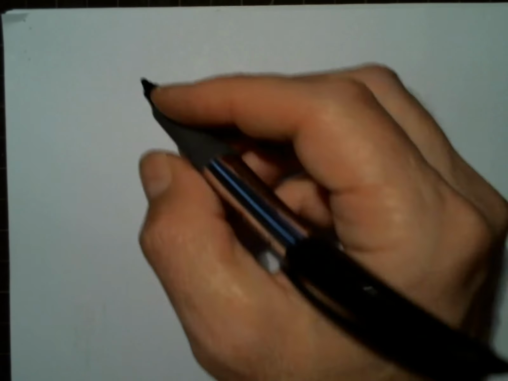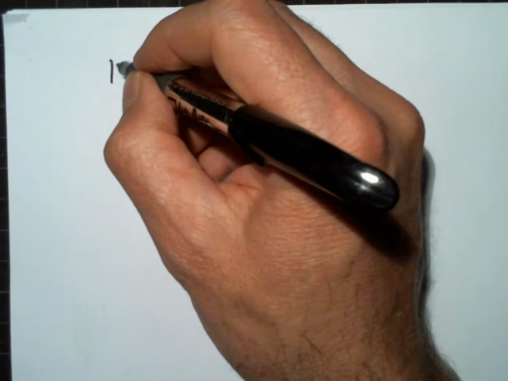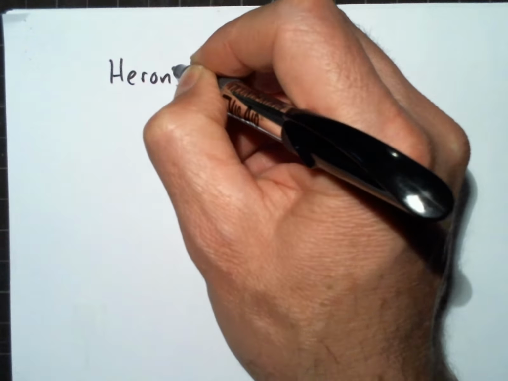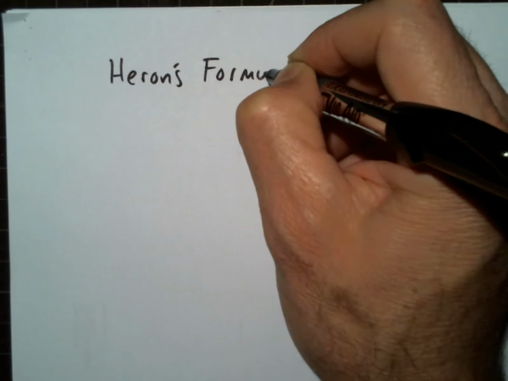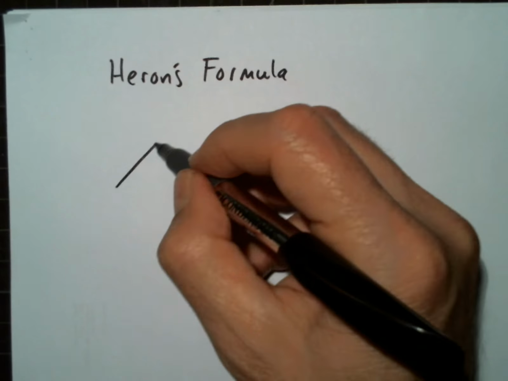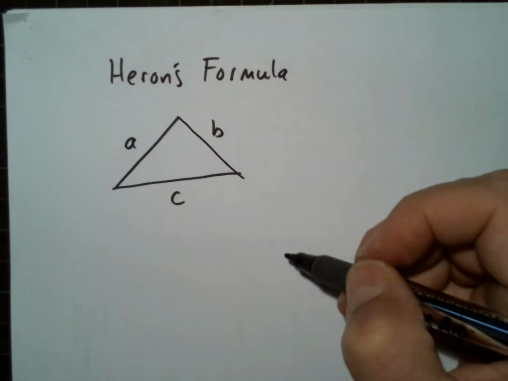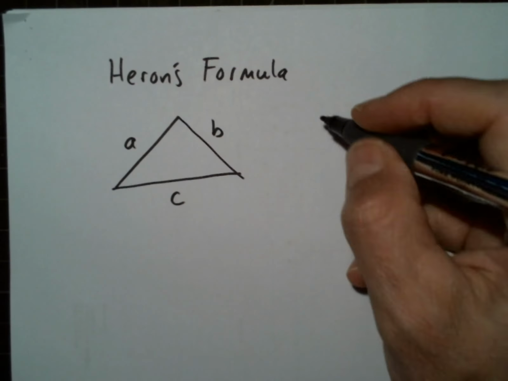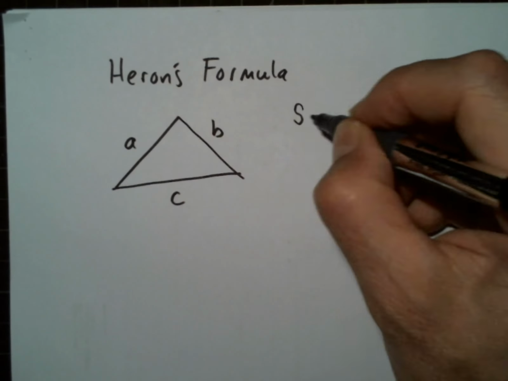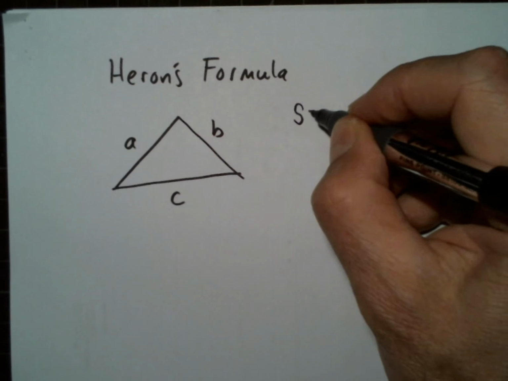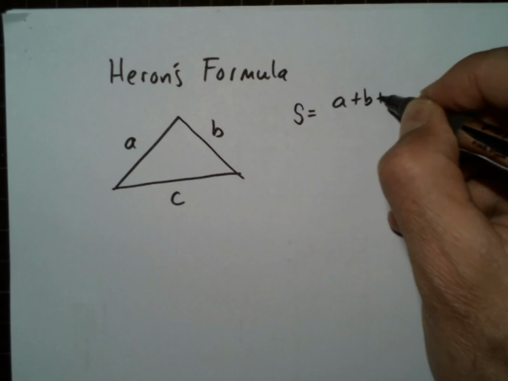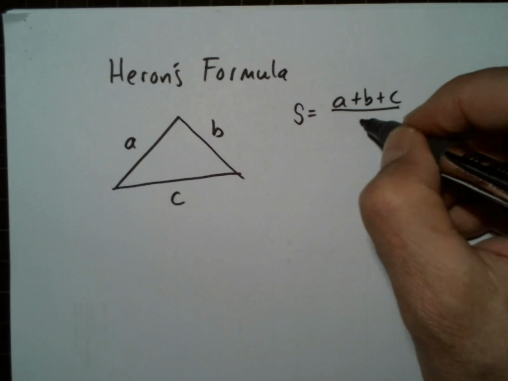Now we'll look at a formula for side-side-side triangles. This is called Heron's formula. If we have a side-side-side triangle, we have to find half of the perimeter, and that's adding up the sides and dividing by 2.